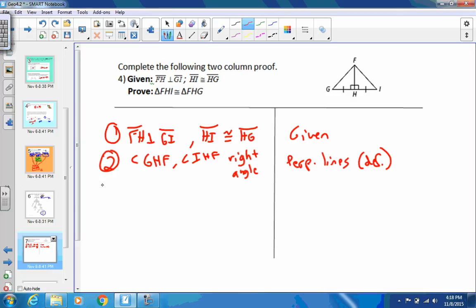From there, we can say that angle GHF is congruent to angle IHF, just because right angles are congruent. I think that's a theorem, or postulate, I don't remember. But right angles are congruent.